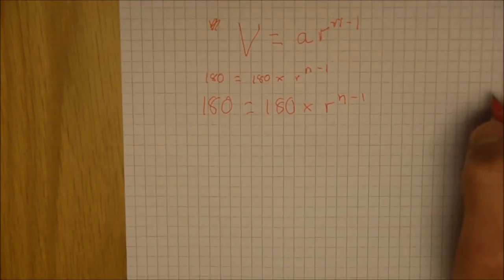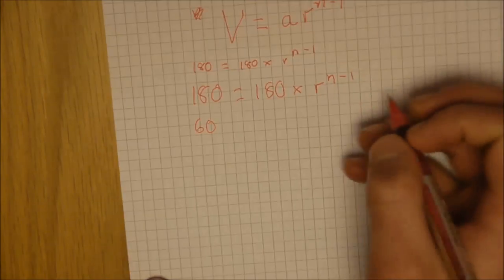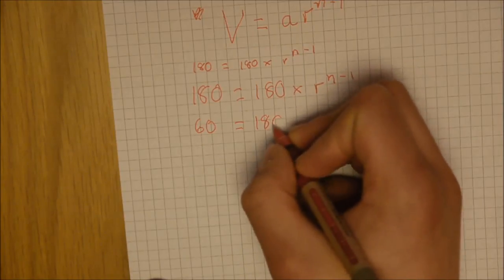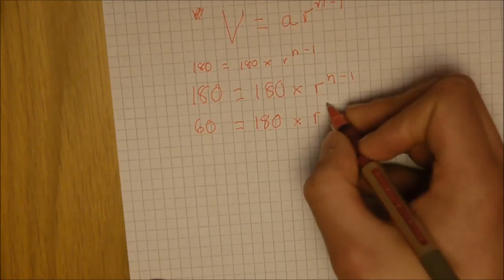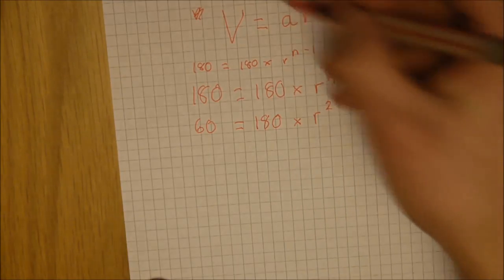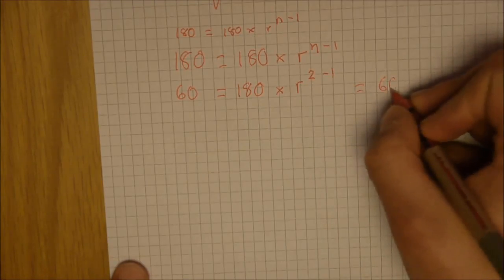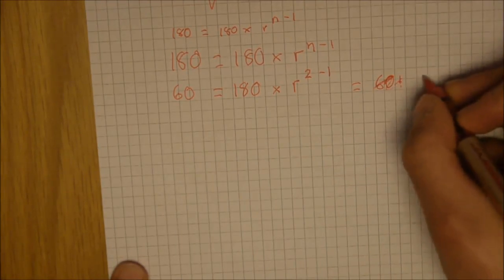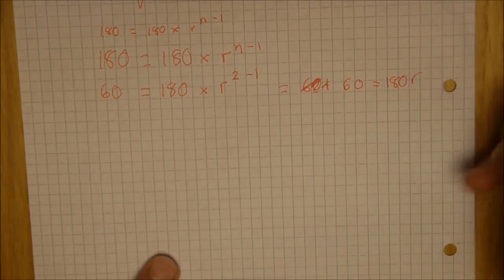Now we have the second term, which is 60. We know the first term is 180, so it's 180 times r to the 2 minus 1, because 60 is the second term. So we can write 60 equals 180r.